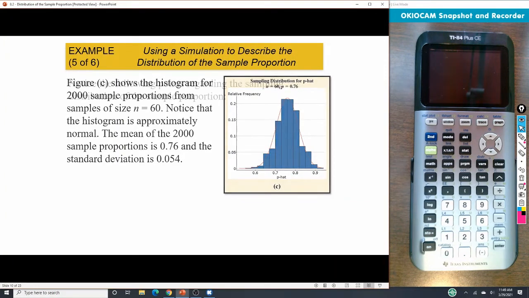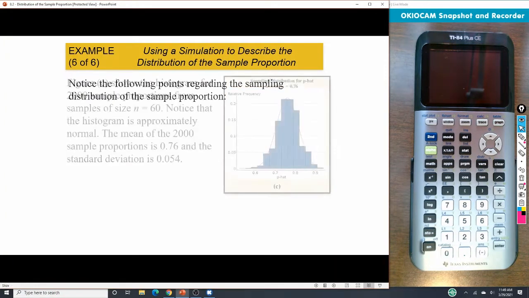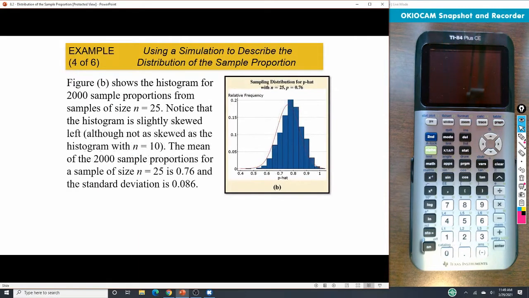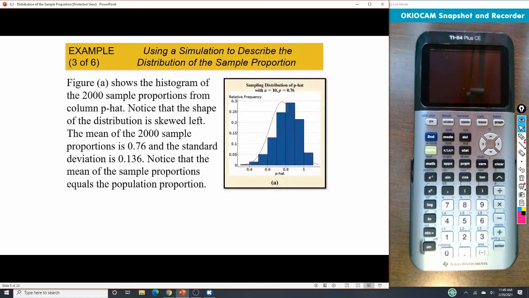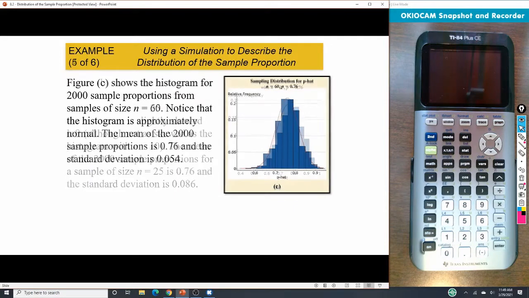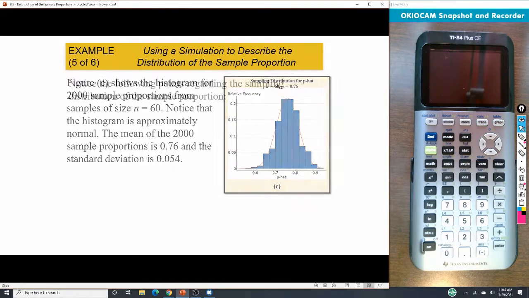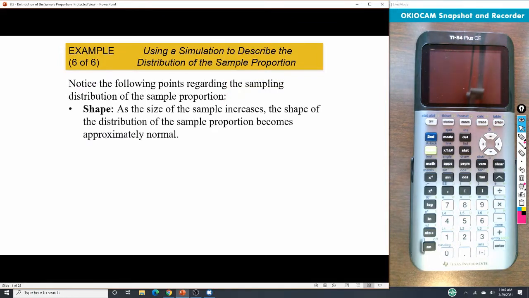Notice that as we are increasing in size, let's go back through those again, each one of those got closer and closer to that bell shape. So for the shape, as the size of the sample increases, the shape of our distribution becomes approximately normal.